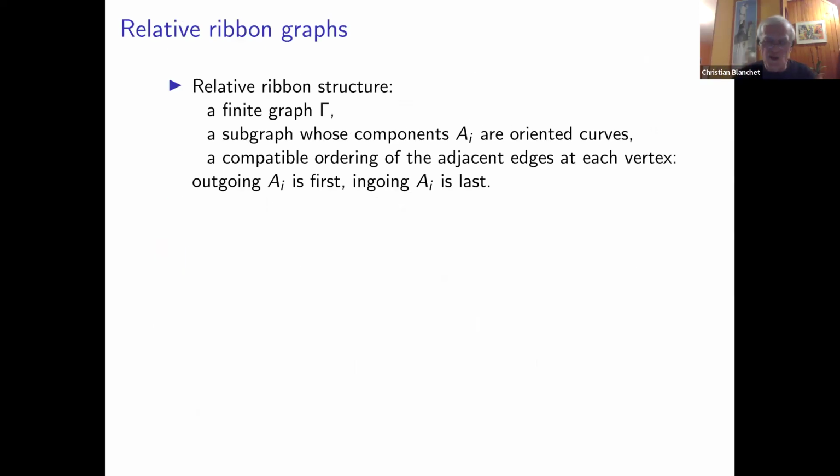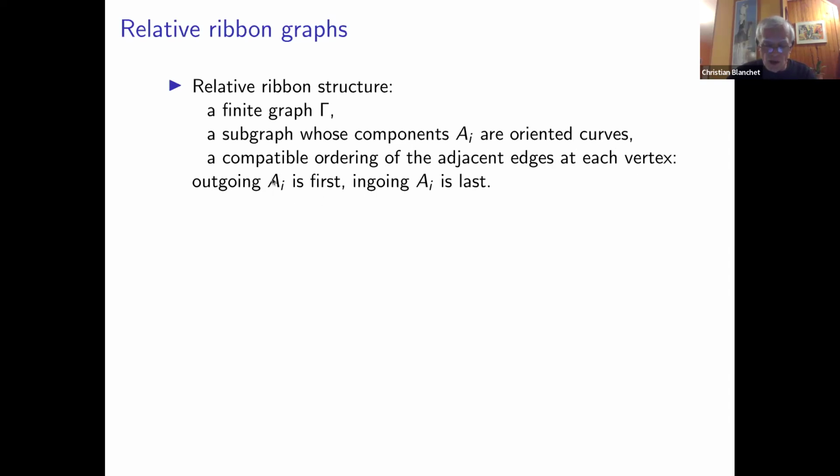And if I want to give an explicit, quite simple result, I will go to a relative version of this. It's good to have a relative version where you take a finite graph, you take a subgraph whose components A_i are oriented curves, not necessarily closed, they can be intervals, and we put a compatible ordering of the adjacent edges at each vertex.